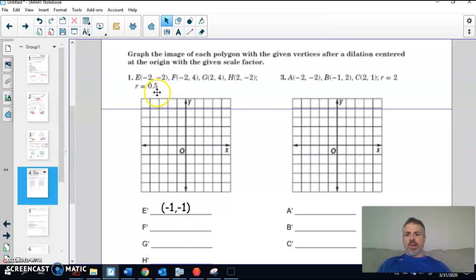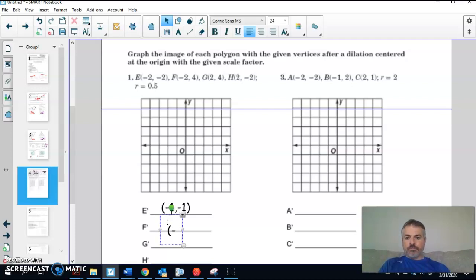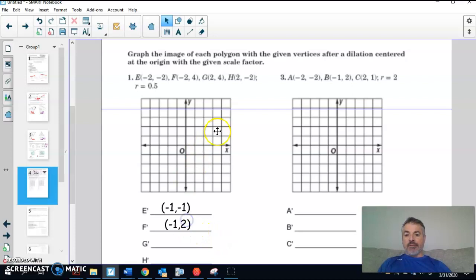My F prime, again, half of 2 is negative 1. Half of 4 is 2. So that ends up being negative 1 comma 2. Then if I take a half times 2 comma 4, so that's going to end up being 1 comma 2.